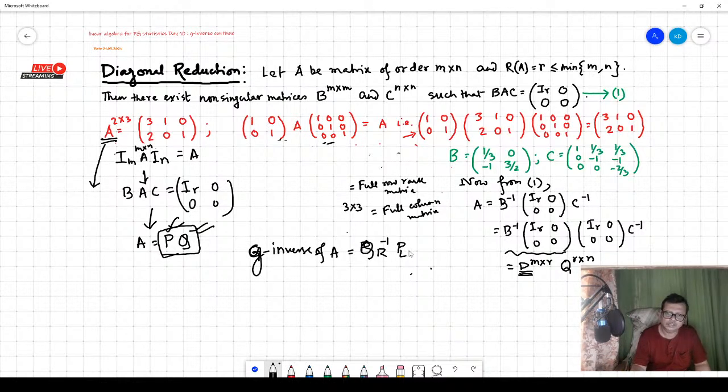So G inverse is QR inverse PL inverse. So you know the method how to find the right inverse. Suppose you find the right inverse of Q, then use this formula.